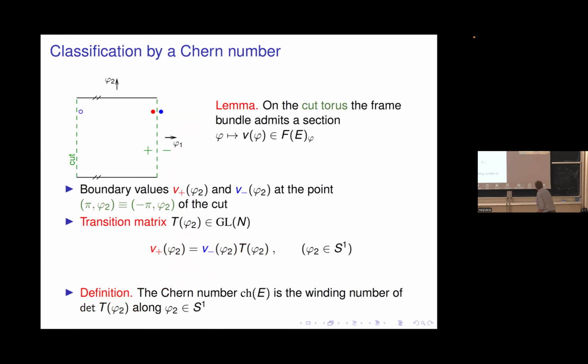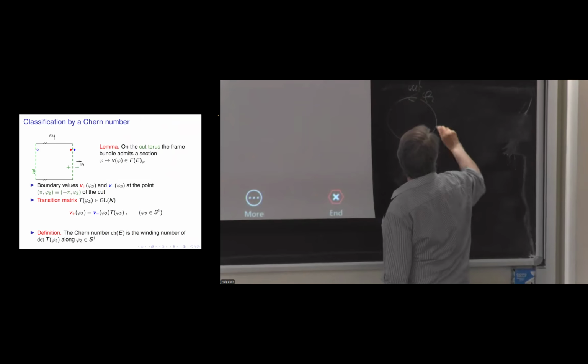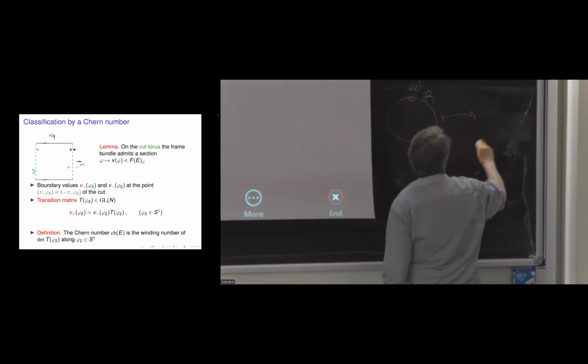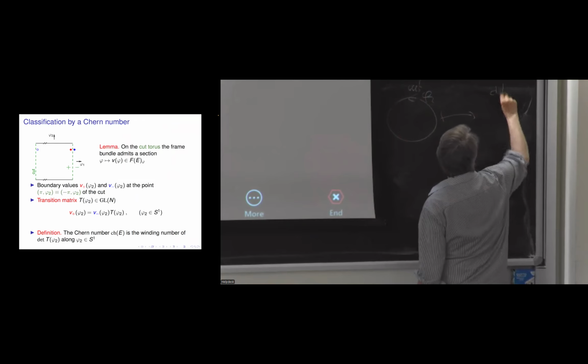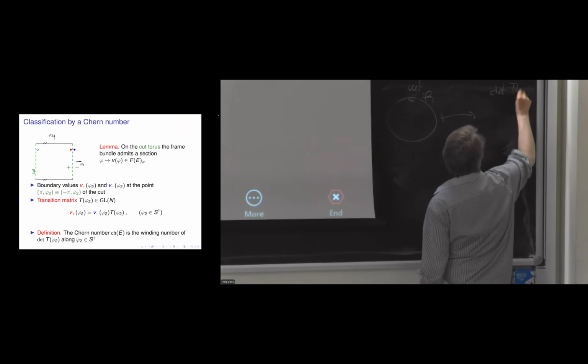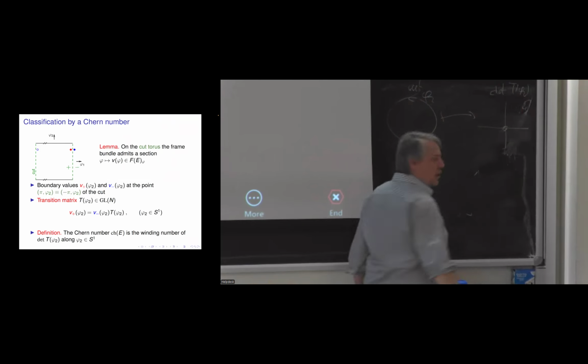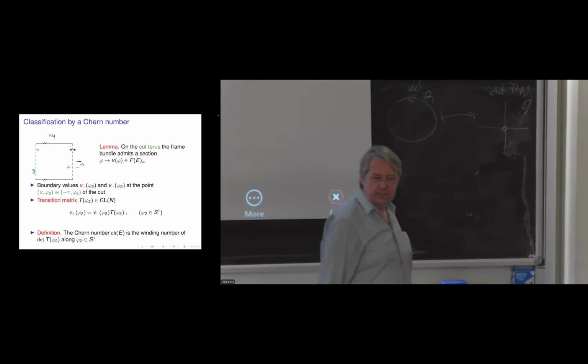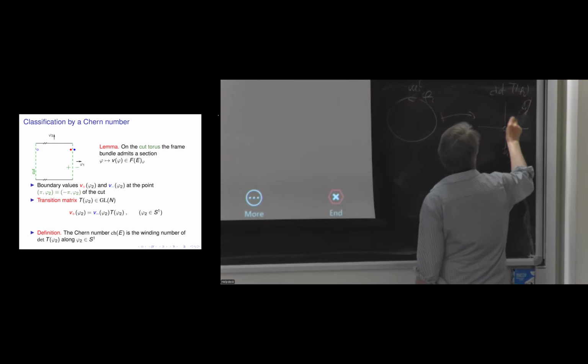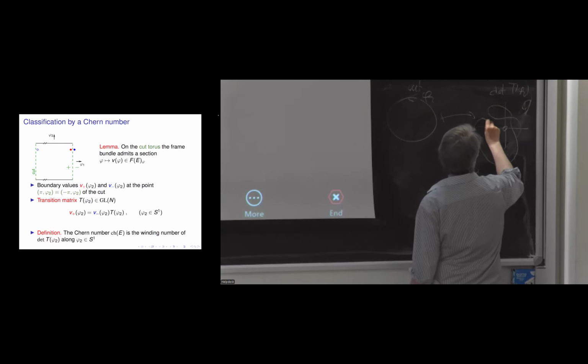So what you do here is this is the cut. You have the winding of phi 2. As a function of phi 2, you go to the determinant of T of phi 2, and that's in the complex plane. The origin is avoided because the matrix is invertible, and it does something like this.